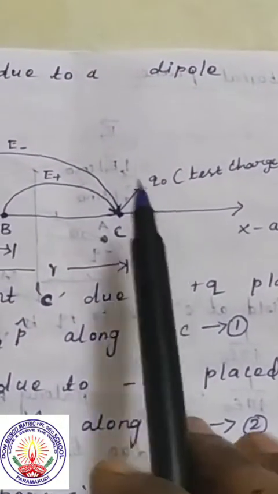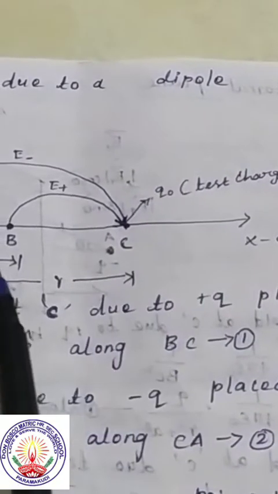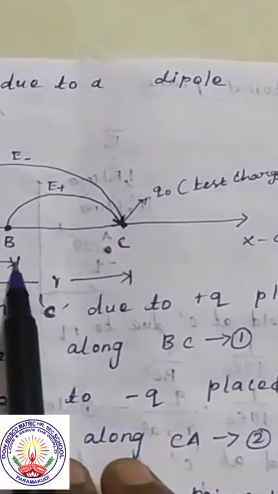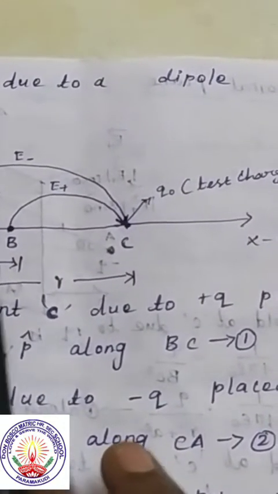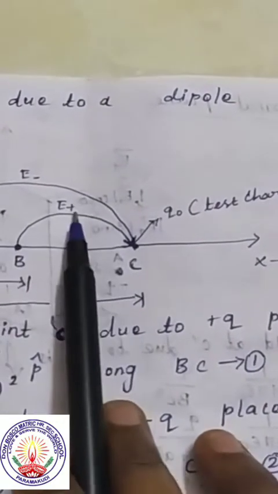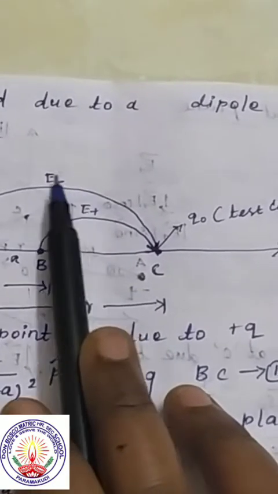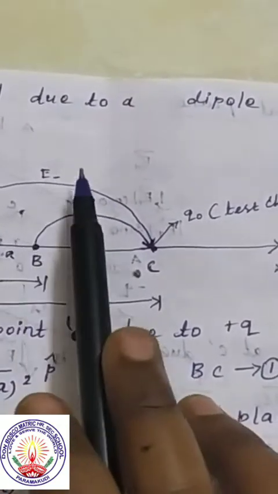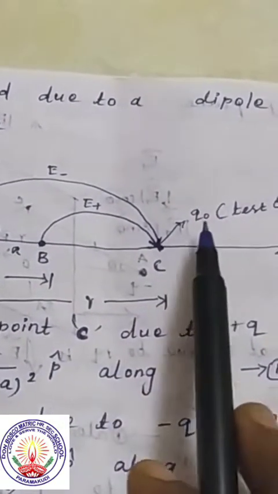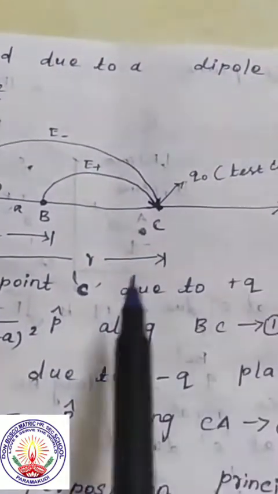So already we know that Q naught is the test charge and Q is the charge. So A and B are the two charges, separated by the distance 2a. Midpoint is O, and E plus is the electric field due to the positive charge and E minus is the electric field due to the negative charge. A and B are the charges and C point is the test charge, placed on this x-axis.